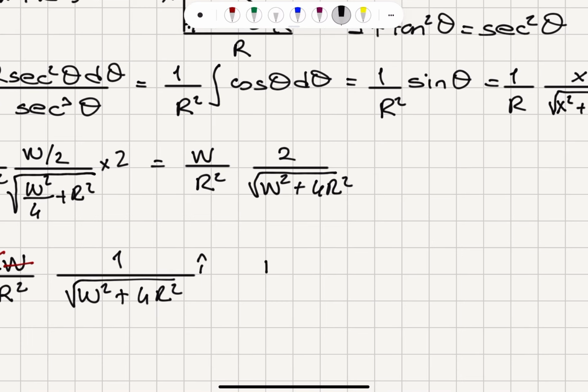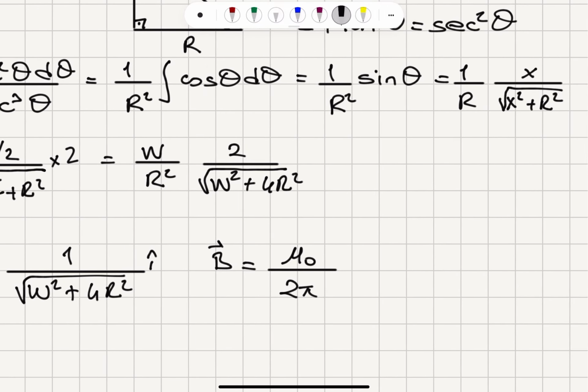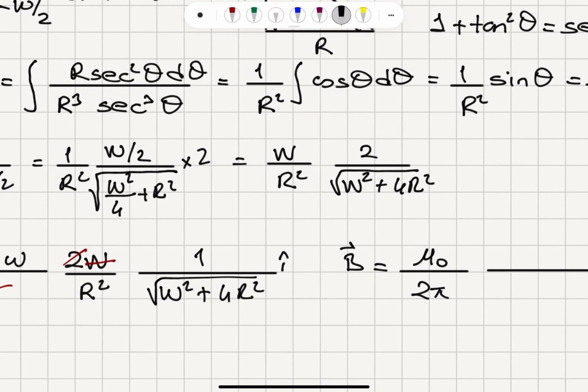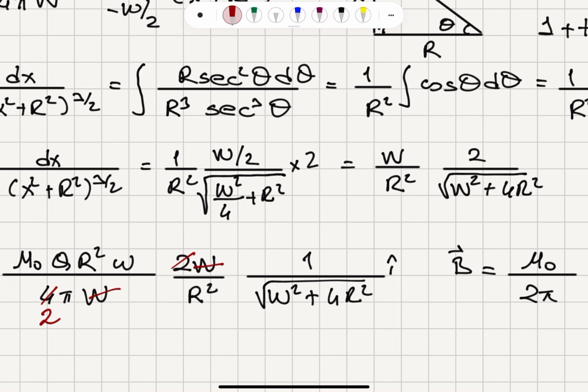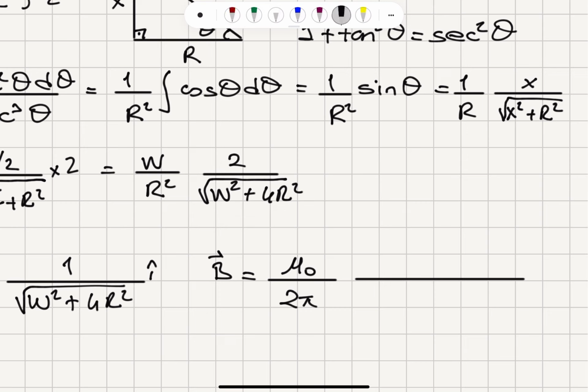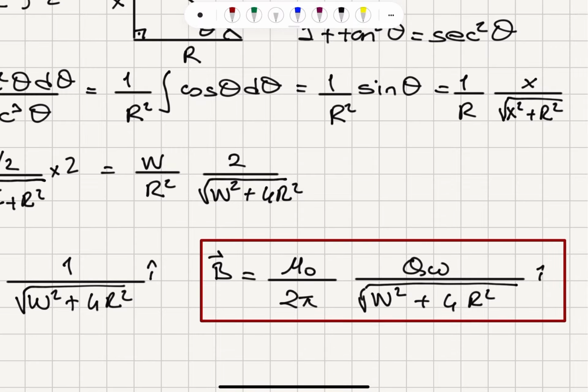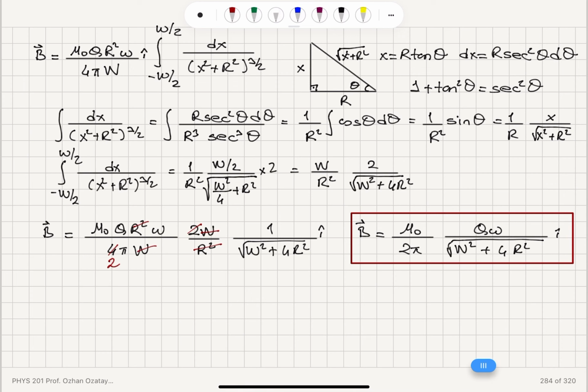So the final answer for the magnetic field is then mu 0 over 2 pi, because I have a cancellation of these R squares here, Q omega, Q angular speed omega, divided by square root of w squared plus 4R squared in i hat direction. So that's the final answer for the magnetic field.